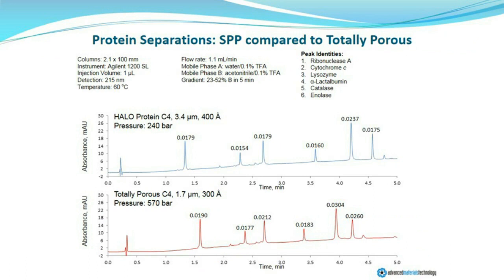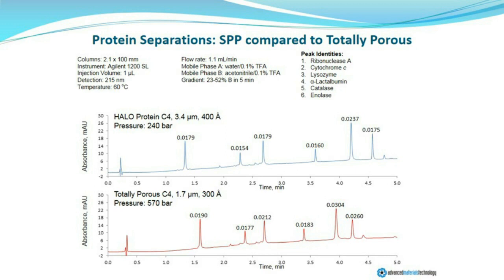In this case, showing an example of a standard protein separation using trifluoroacetic acid in the mobile phase, and a comparison of a superficially porous 400 angstrom material on the top panel to that of a 300 angstrom material on the bottom panel.